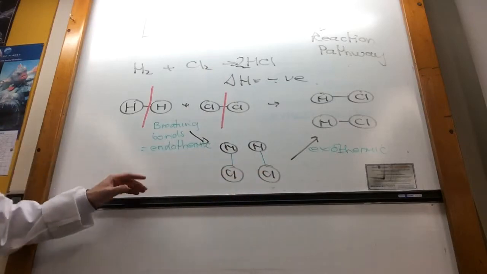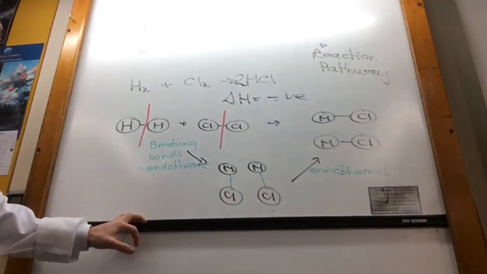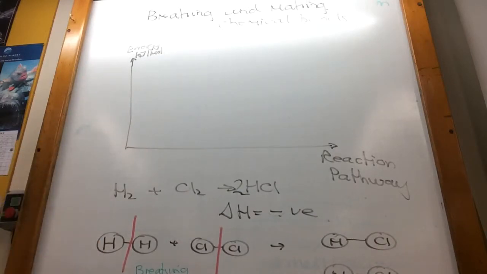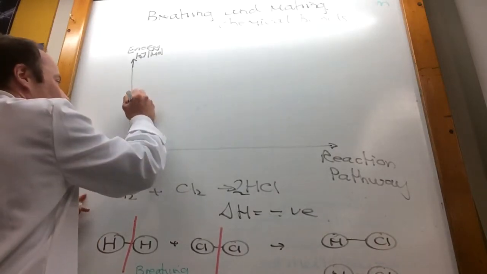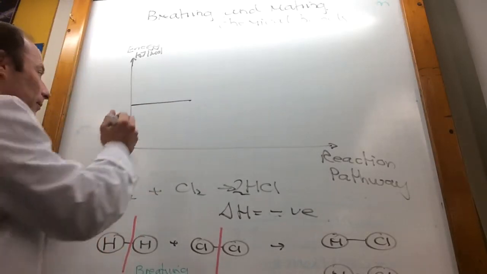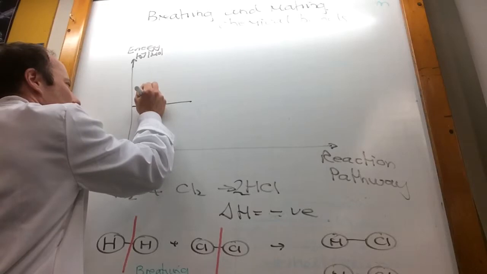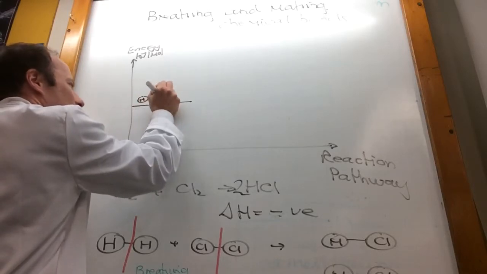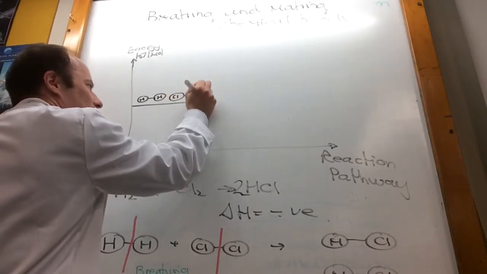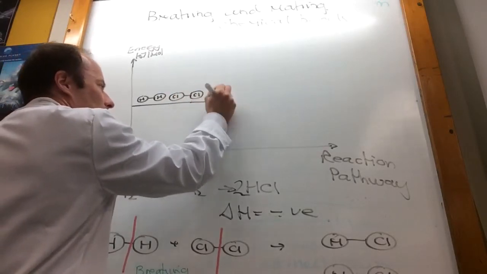Now, what we'll do is we'll plot this on our little reaction. So, down here, I start with, so I'll draw them out, 2 little H's joined together and 2 chlorine atoms joined together, like so.